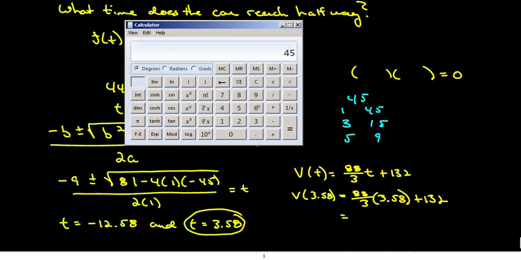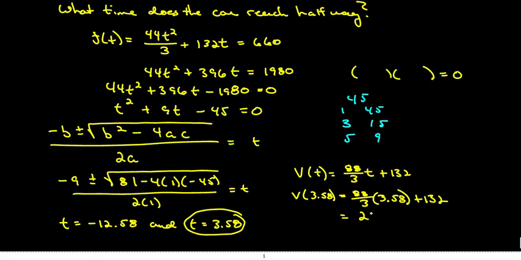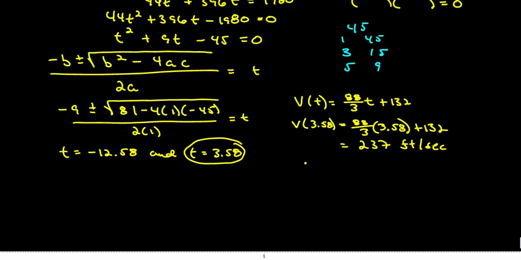So if we do that math, we've got 88 divided by 3, multiplied by 3.58, and then add 132. We end up with approximately 237 feet per second. If we do the conversion, which I'll let you do, that's about 162 miles per hour. Okay, so that's how you solve that problem.